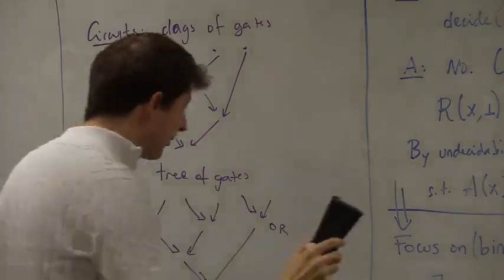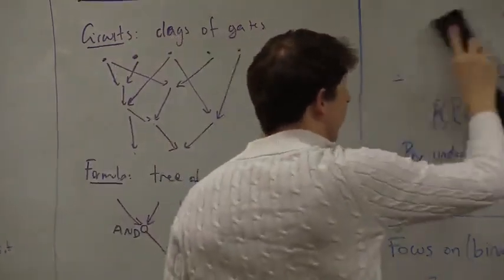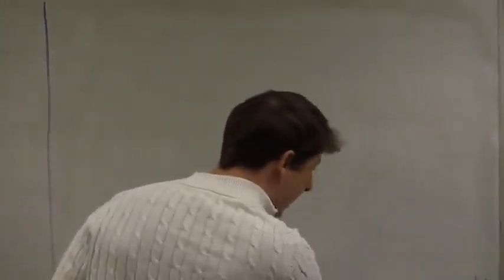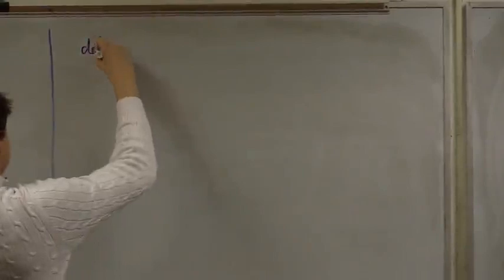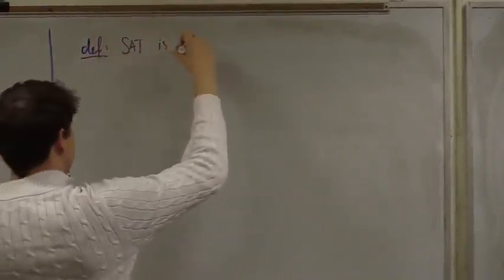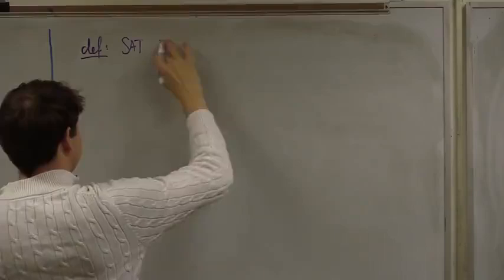So just like you can define the satisfiability problem for a Boolean circuit, we can define the satisfiability problem for a Boolean formula. That problem has a name. It's called SAT. Okay, so SAT is the following problem.